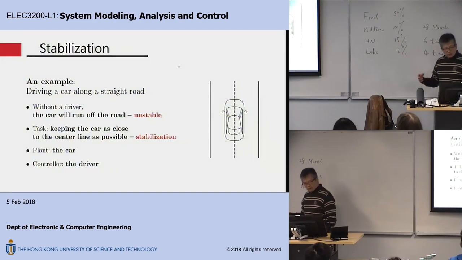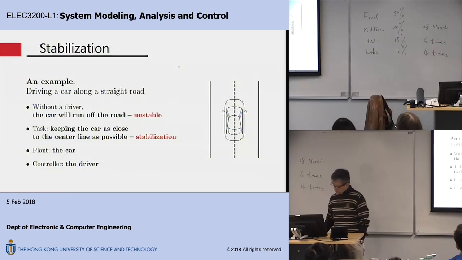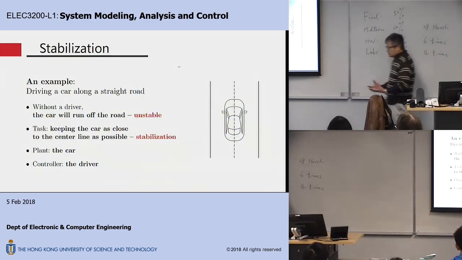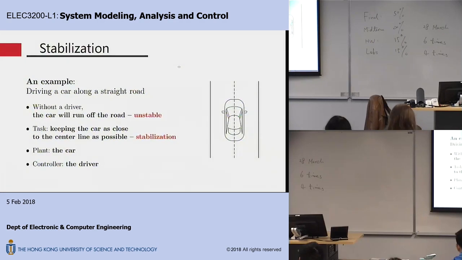I'm going to talk about those. Stabilization: if you look at this word, it means that you need to stabilize something which might be unstable initially, which might go in an undesirable way. Then you need to control it to make it work in a proper way.